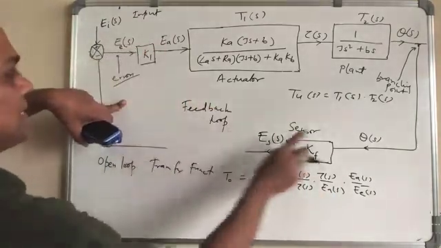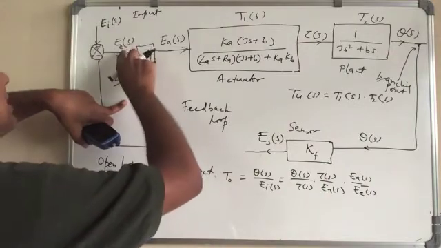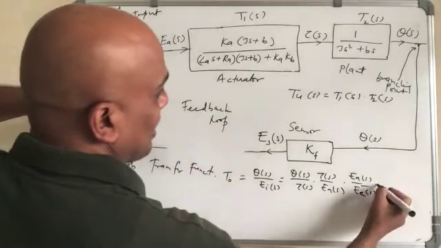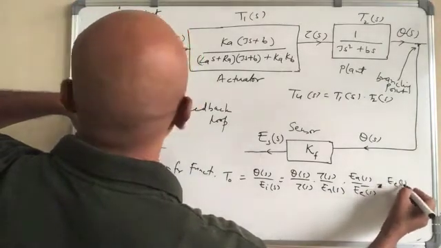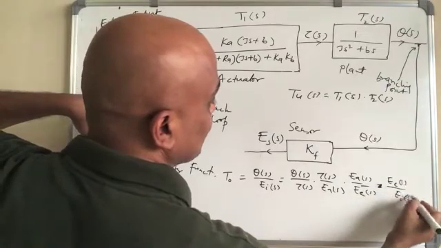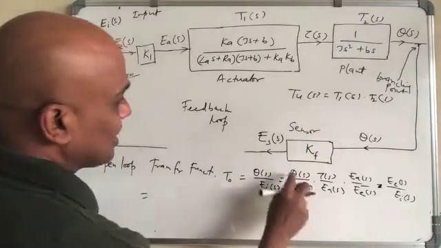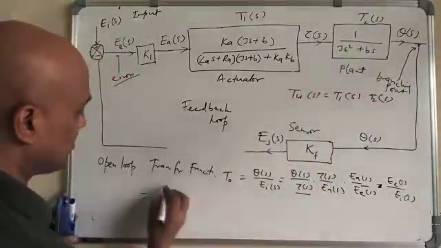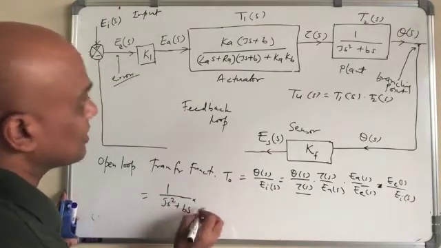In this case, since there is no feedback in the open loop, EIS and EES will be the same, because whatever is coming here is going there, right? Equal multiplied by EES divided by EIS. And hence, what do you get? The first one, theta S over tau S, is simply 1 over JS square plus BS.